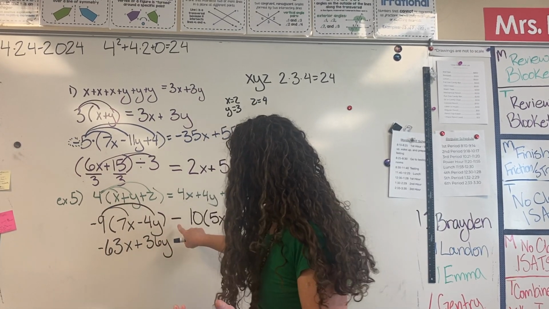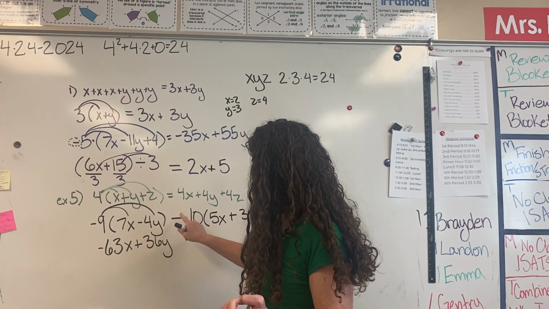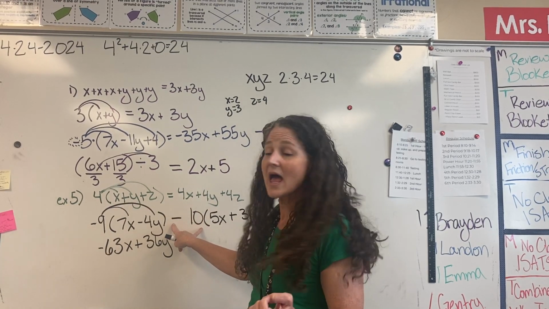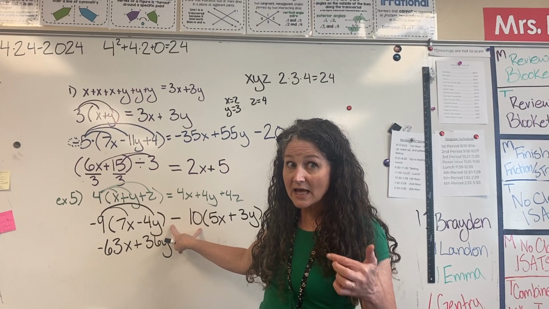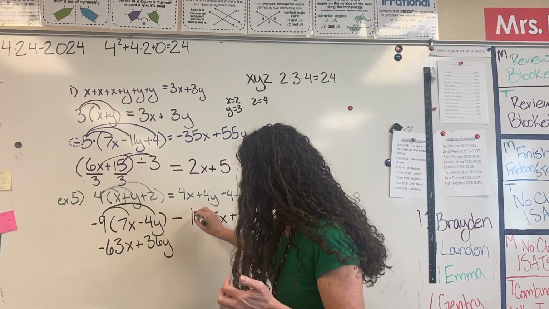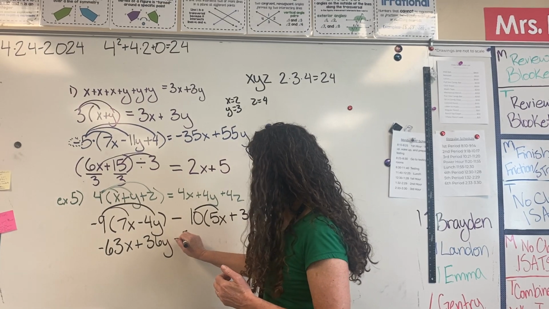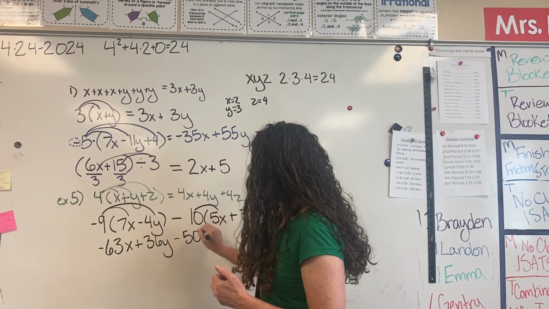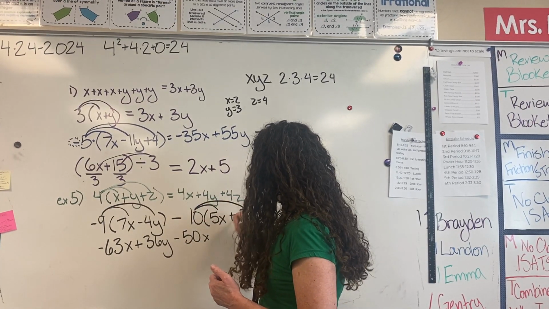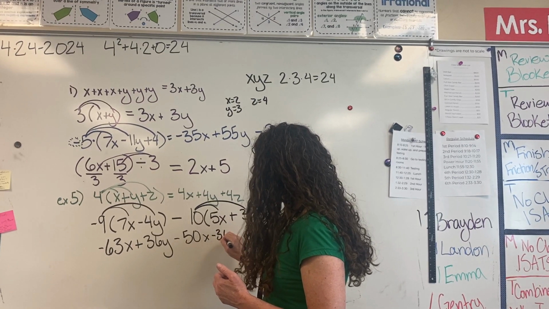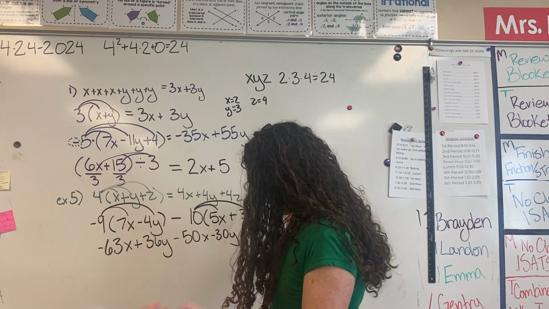Now, I'm not going to write this subtract sign. I'm going to hook it onto this 10 because I'm multiplying by -10. So -10 times 5x is -50x. Negative 10 times negative 3y is positive 30y.